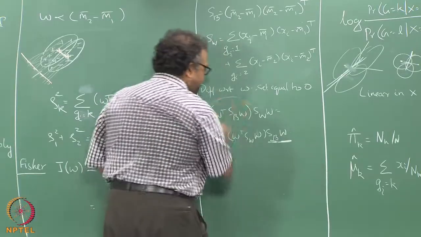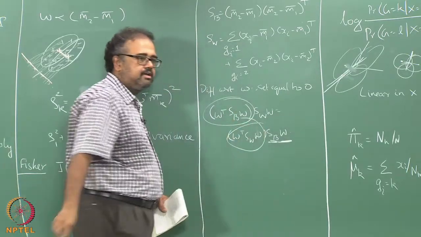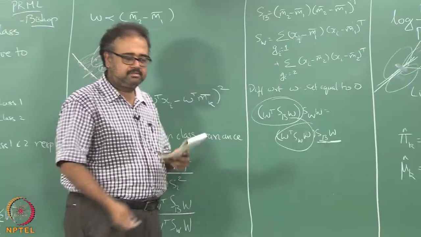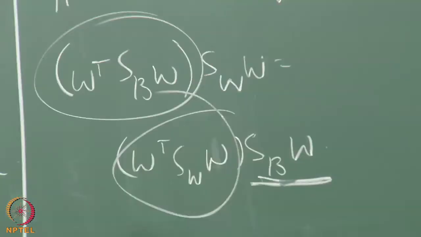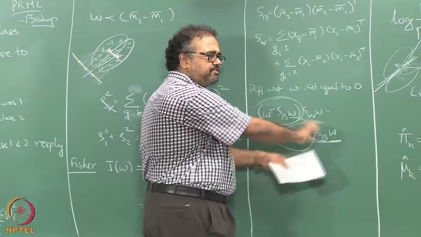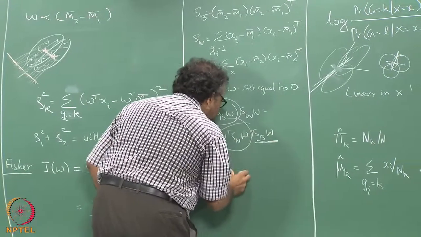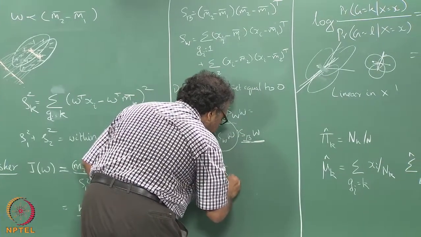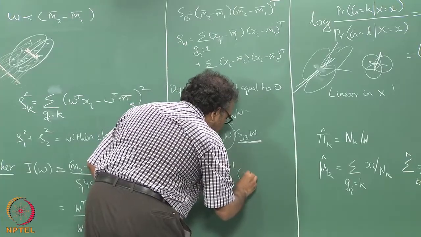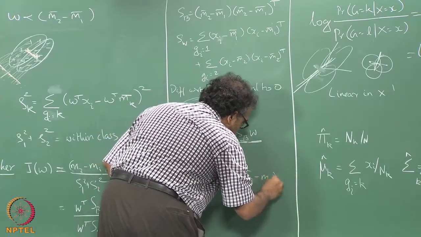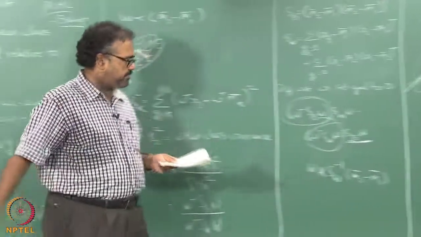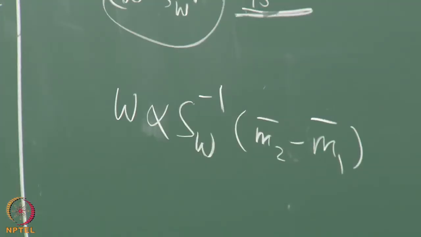So what about these guys? They are all simplified to some kind of scalar quantities, right. So finally what I will get is w is not equal to but proportional to this, so that is essentially what I will get.